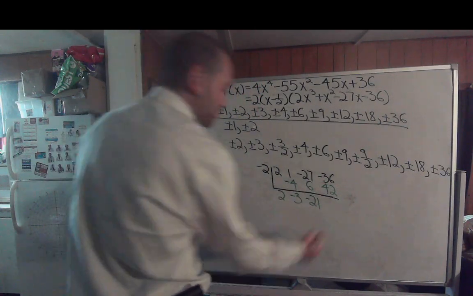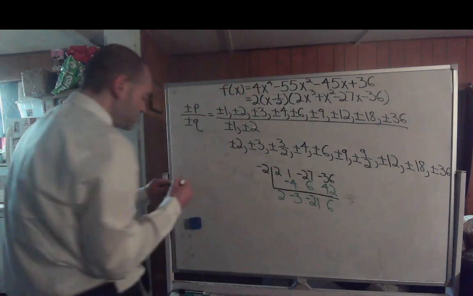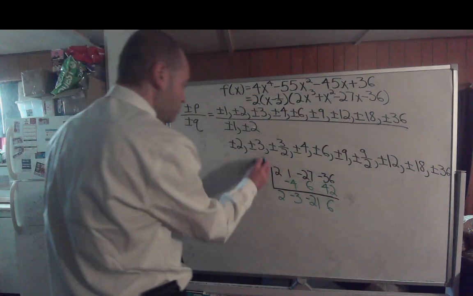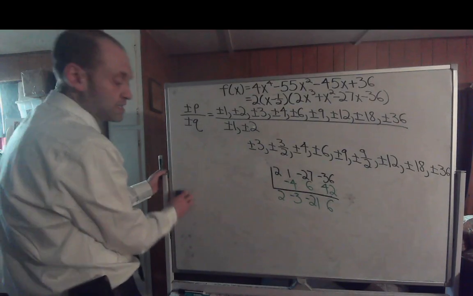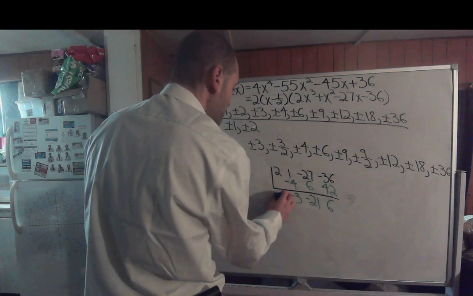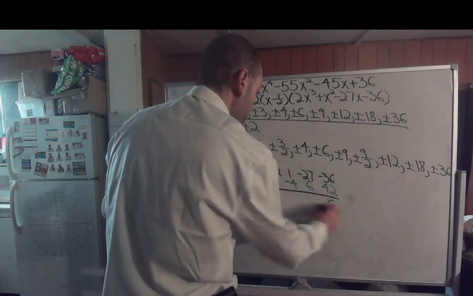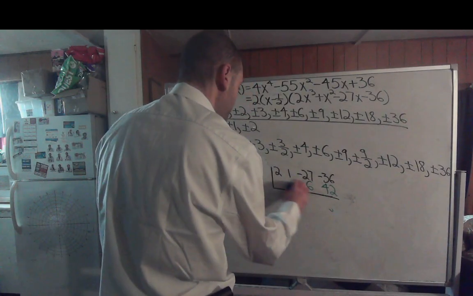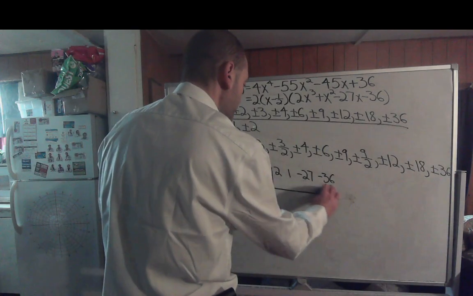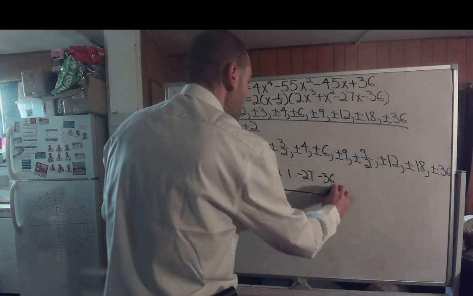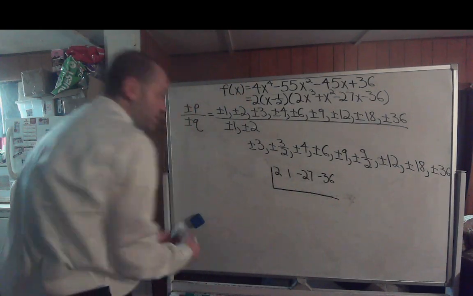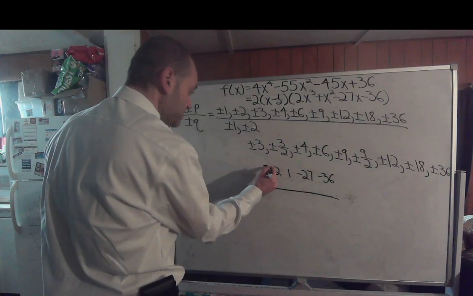Negative 36 plus 42 gives you 6. So that remainder of 6 doesn't work. That means your plus and minus 2 are eliminated as possibilities. Let's go on to 3. Sometimes you may have to be here a while doing trial and error, unless you know off the top of your head which one works, and sometimes that's hard. Let's go ahead and try plus 3.